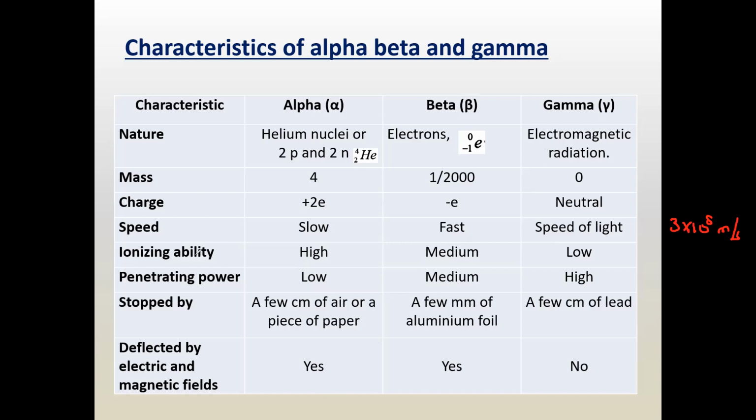Ionizing ability. What is the meaning, or what is the concept of ionizing ability? Ionizing ability means the tendency or property of these radiations to knock out an electron from an atom. Like we have neutrons and protons inside the nucleus, and around the nucleus there are particles which are moving around.